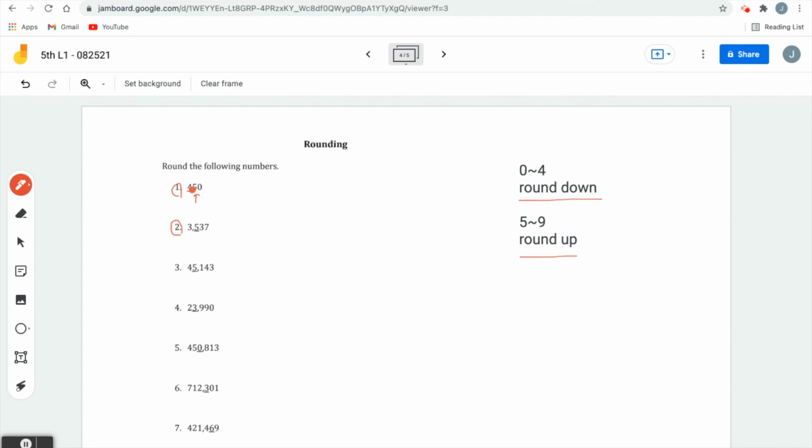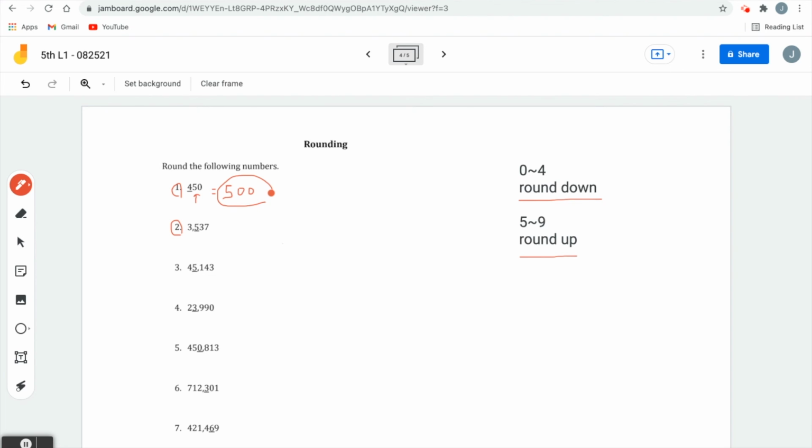And we notice that we have to round it up, because 5 or greater is rounding up. So I'm going to write 5 instead of 4 for the hundreds place because we rounded it up, and the tens place and ones place are going to be zeros. So the answer will be 500.